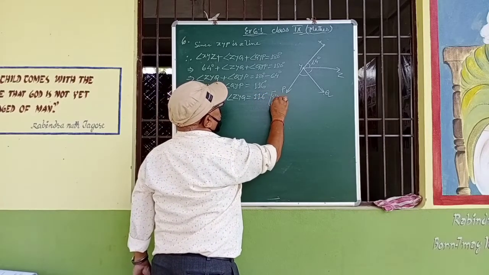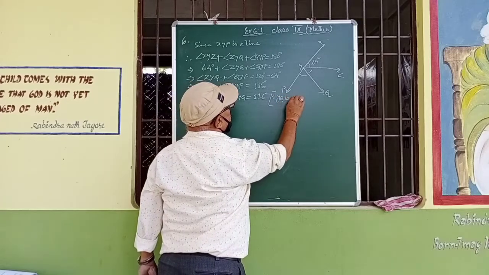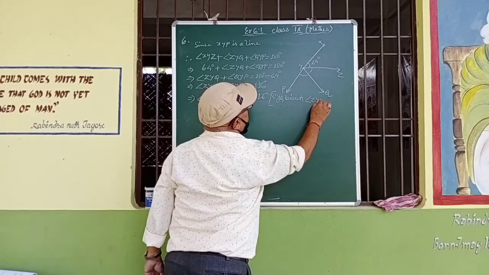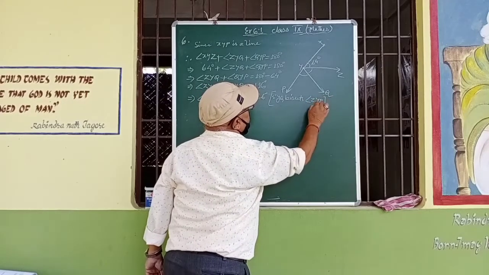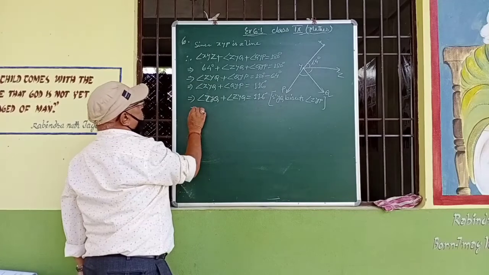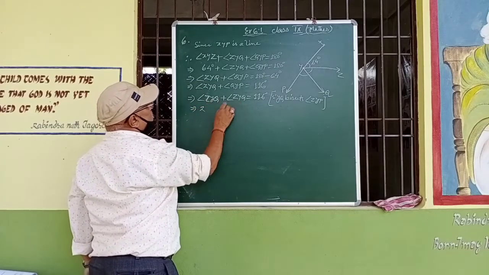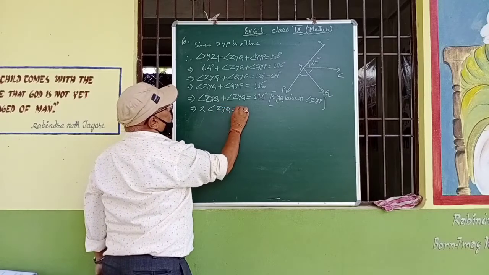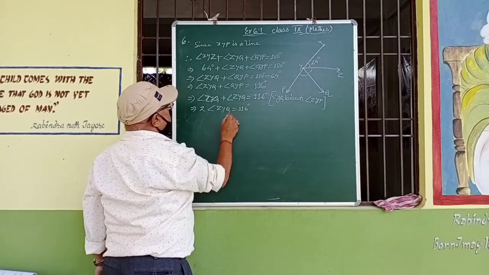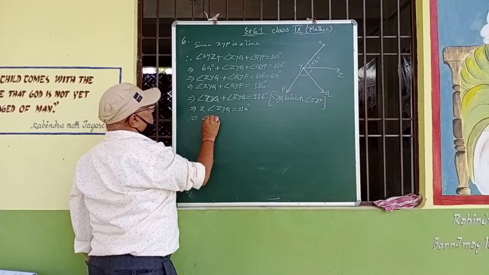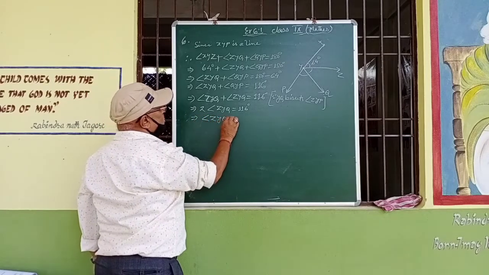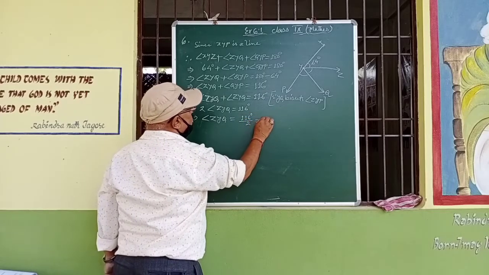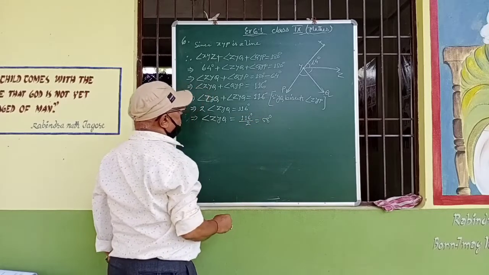Since YQ bisects angle ZYP, or 2 ZYQ is 116 degree, or ZYQ is equal to 116 by 2 is equal to 58 degree.